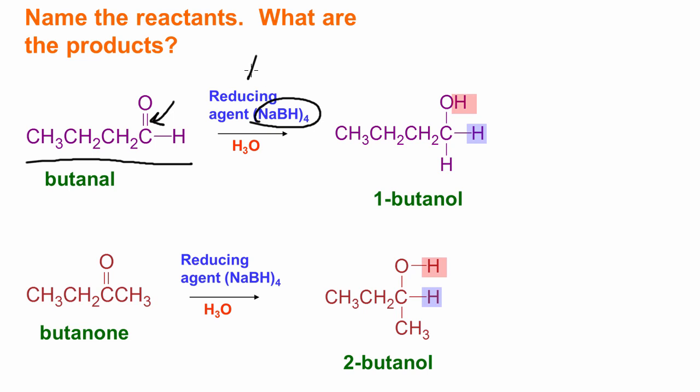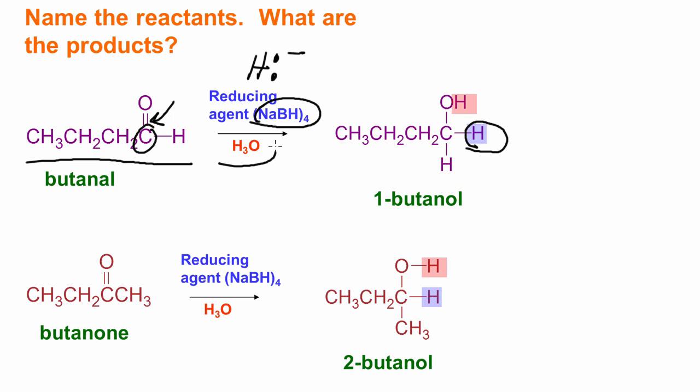This is a reducing agent. This is going to provide the hydride ion. The hydride ion is a hydrogen with 2 electrons and a negative charge. So that hydride ion then is going to bond to the carbon. So that's right here.